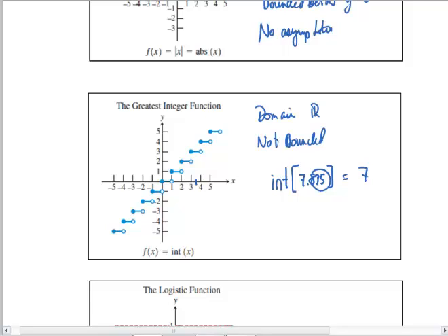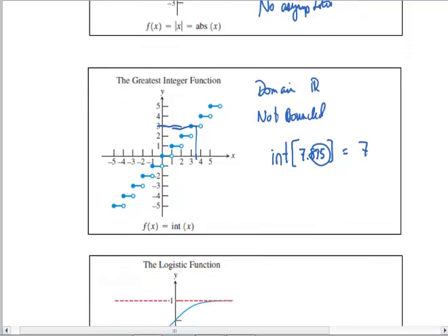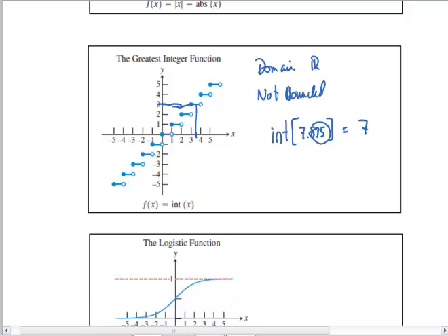So if you're at 3.5, the answer is 3. So it's a specialized function, and just understand that the domain is all real numbers, and it looks like a series of steps.